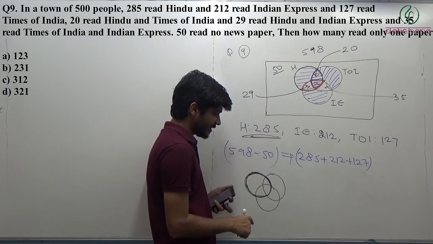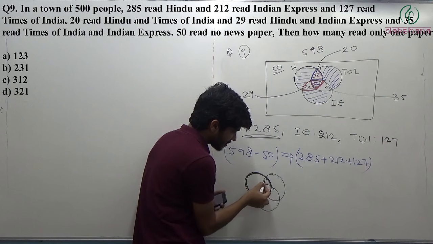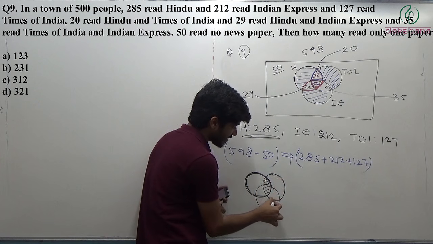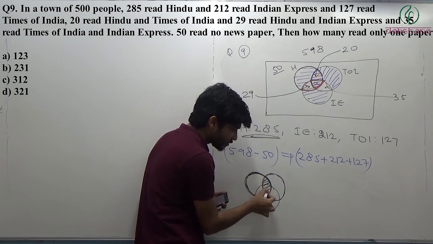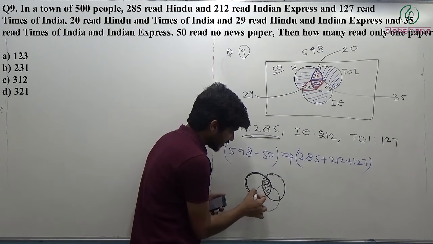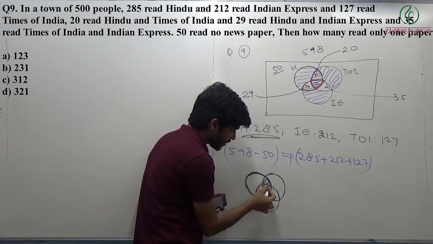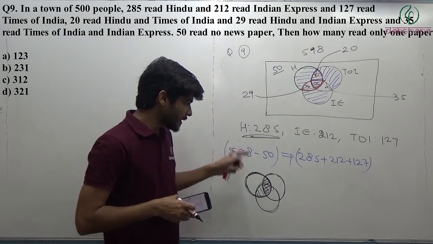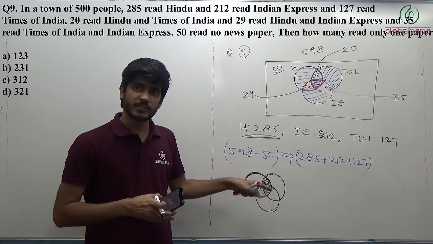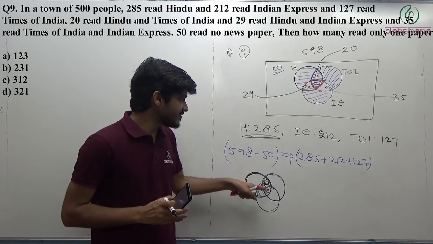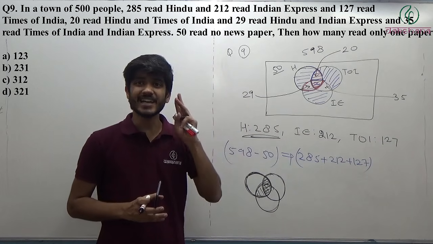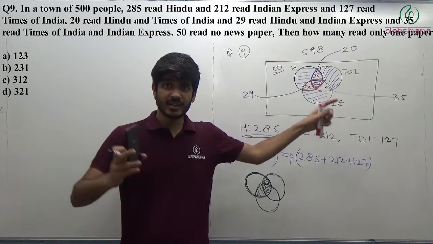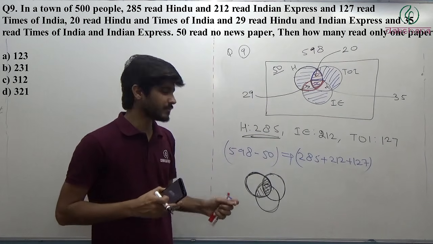When we took 285, this portion was already included, but when you took 127 or 212, you again included this section. So people who are reading all three newspapers, we have added them 3 times, because every time you took the sample 285, 212, 127, they are being added up each time, right?